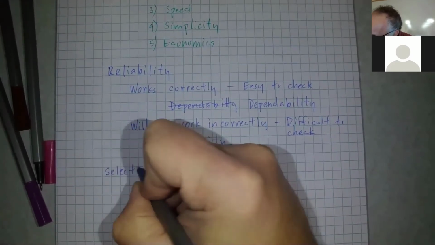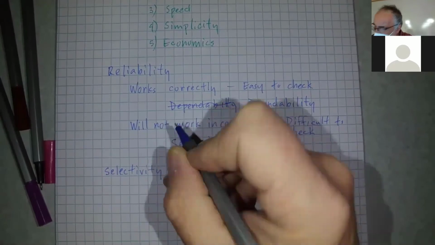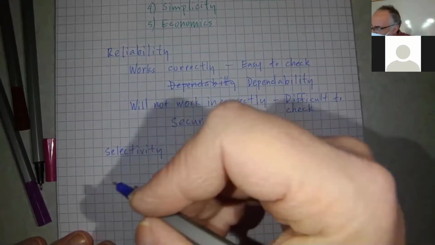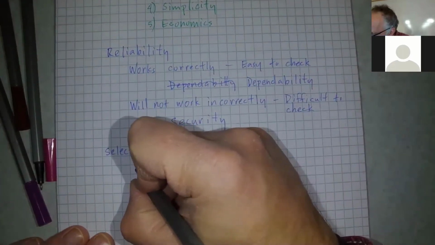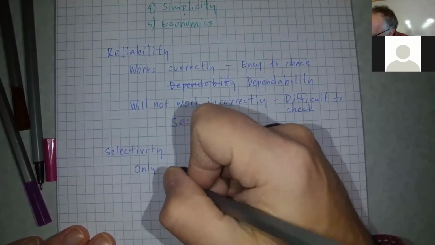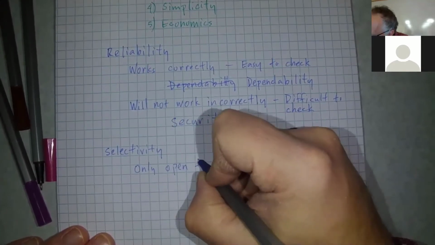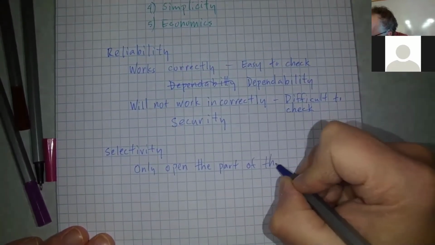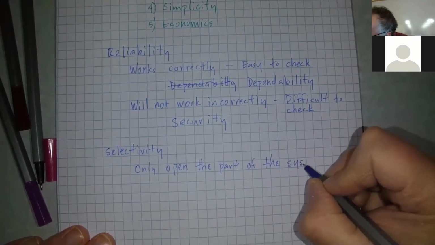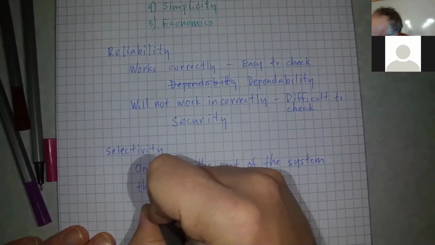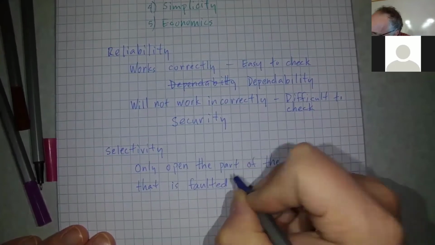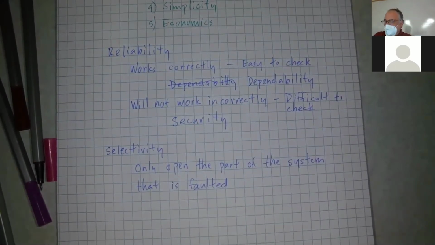Selectivity. Okay, so reliability is dependability and security.